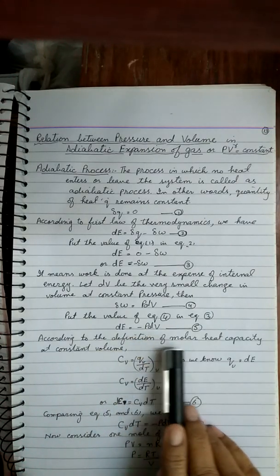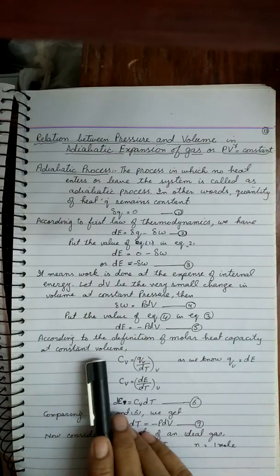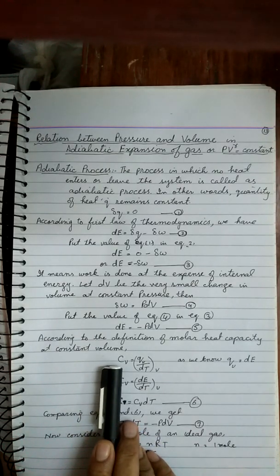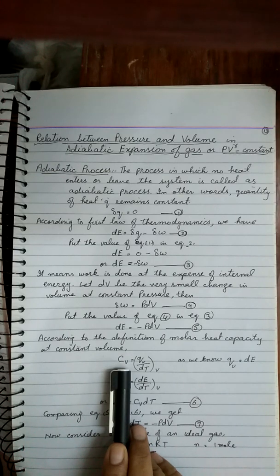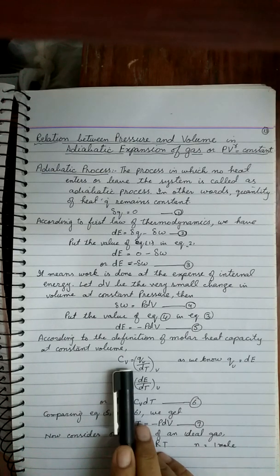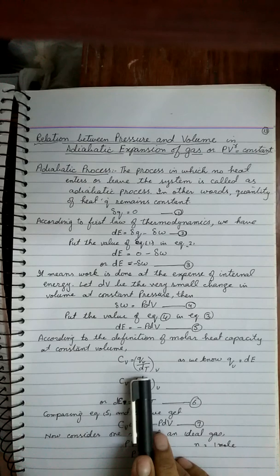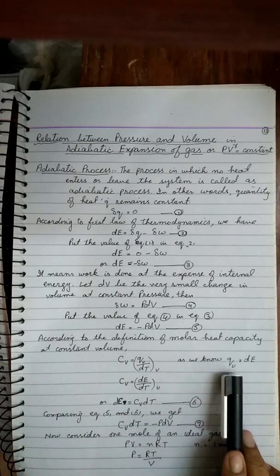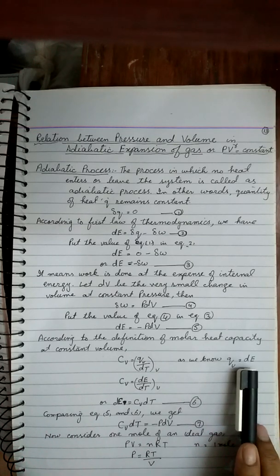According to the definition of molar heat capacity at constant volume, CV is the molar heat capacity at constant volume. This is equal to QV by dT at constant volume. As we know, QV is equal to dE.